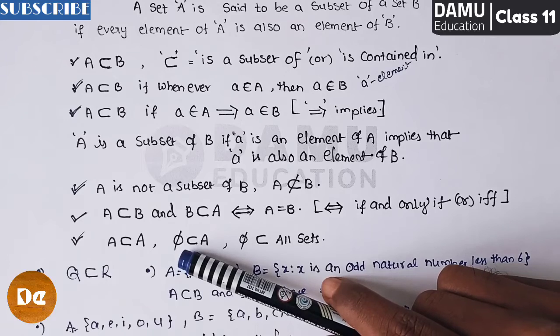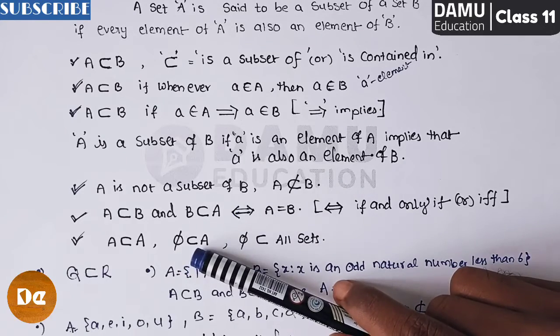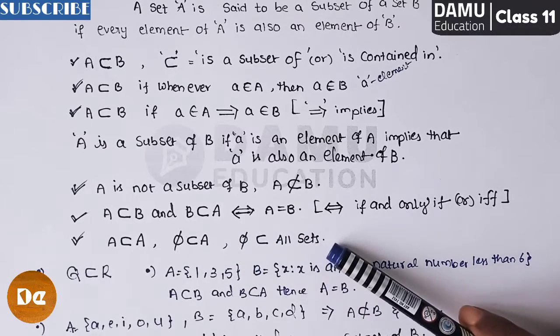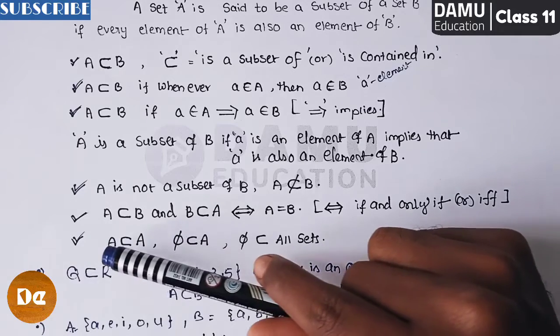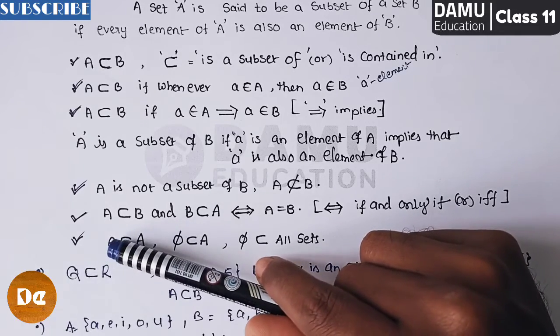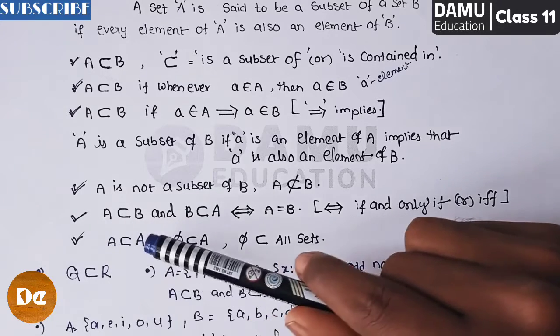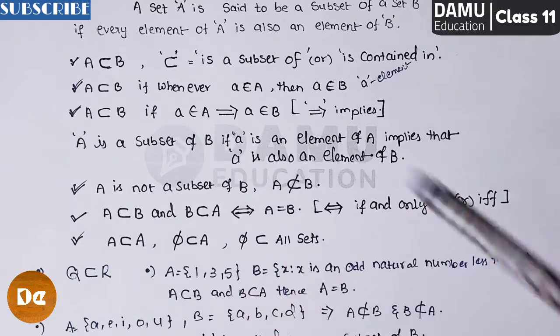So the empty set is always a subset of every set. Don't forget this condition. That means here phi is a subset of all the sets. Next one, A subset of A. All the elements which are presented in A also belong to A, right? So every set is a subset of itself.